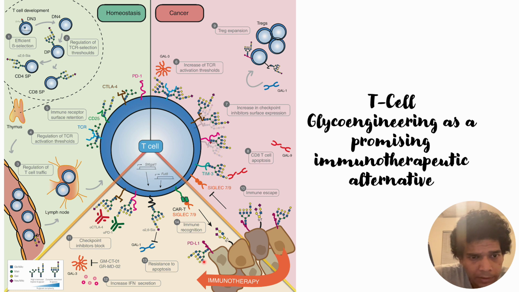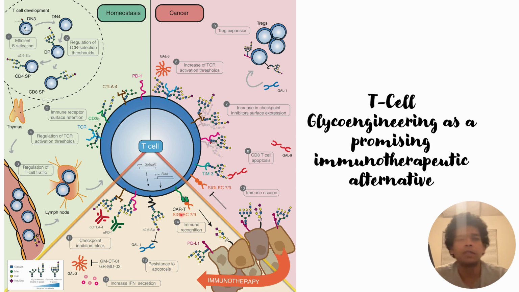And this PDL1 is not about the checkpoint inhibitor, as I mentioned wrongly previously. This is about the activation of apoptosis. So this can be activated with the help of these glycans that can trigger this PDL1 activation.